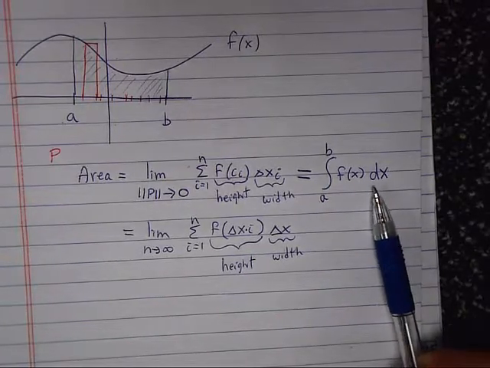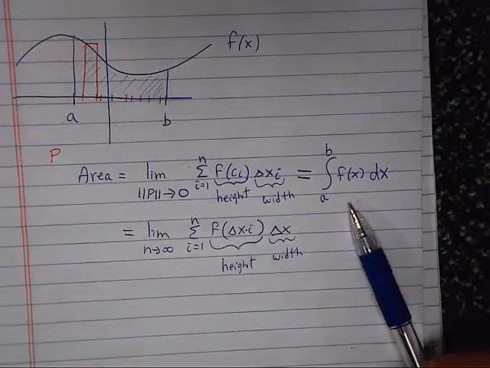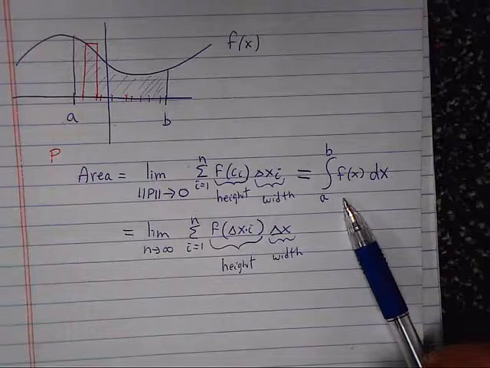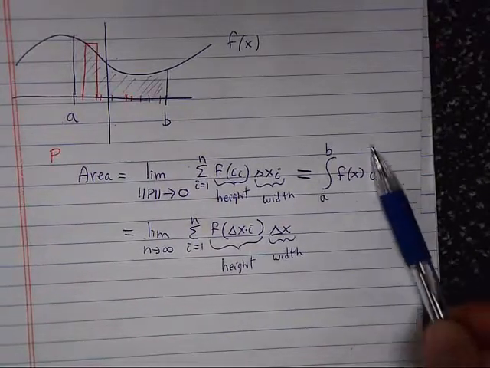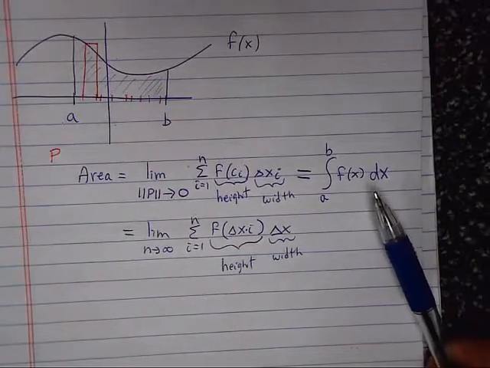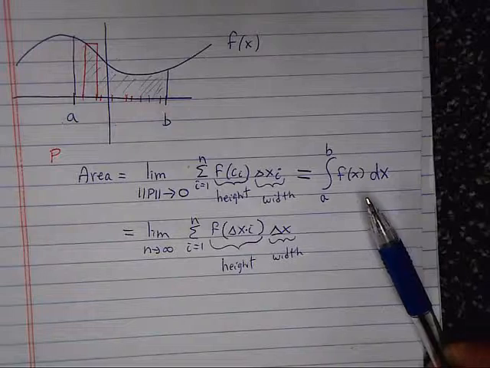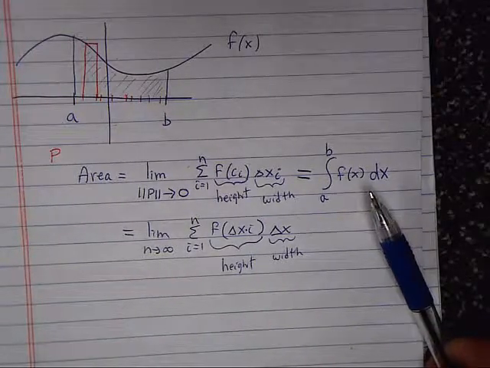And there's a good reason for that, and that good reason will show up in the very next section, where we will do something called the fundamental theorem of calculus. And the fundamental theorem of calculus will connect integrals with antiderivatives. Integrals and antiderivatives are almost exactly the same thing. They're very, very close, and that's why we use the same symbol for them. Okay?